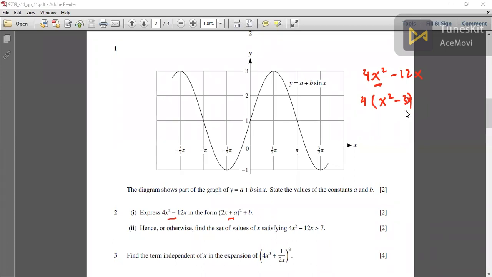Then we take the coefficient of x, minus 3, and divide it by 2. So we get 4 times (x minus 3 over 2) squared, minus 4 times (minus 3 over 2) squared.